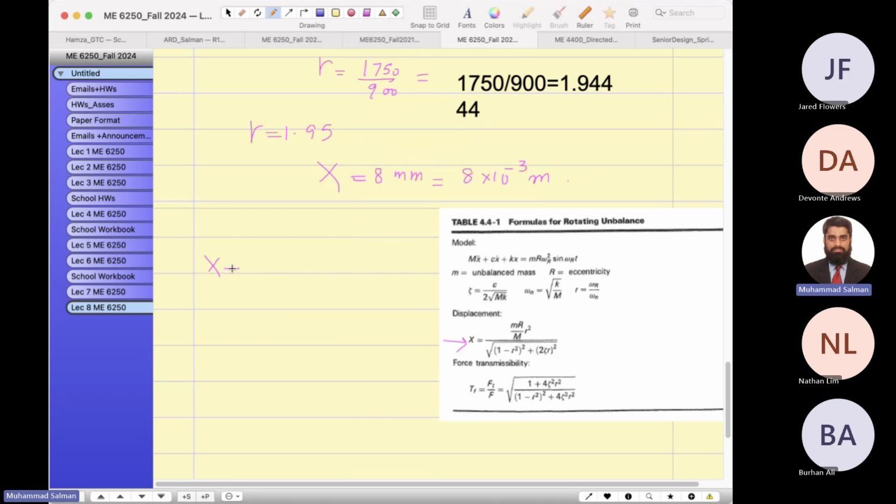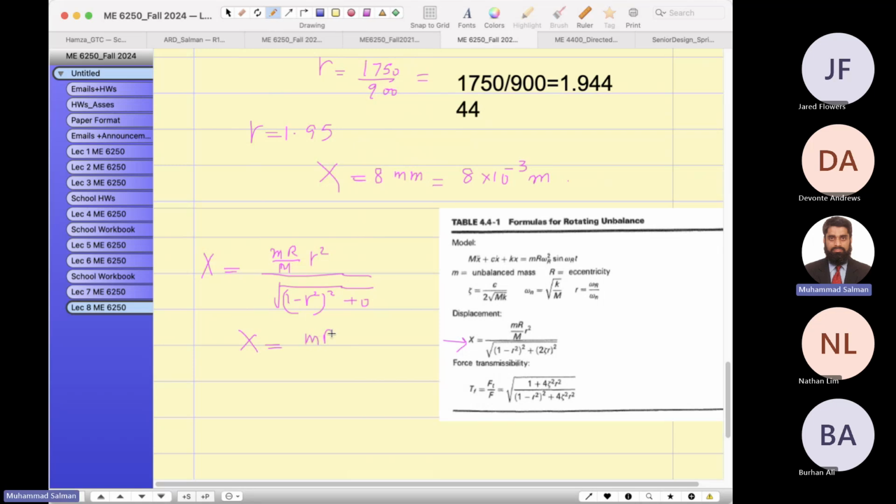So x equals to, plus 0 because there is no damper involved in it. So can I write down the new formula like this?